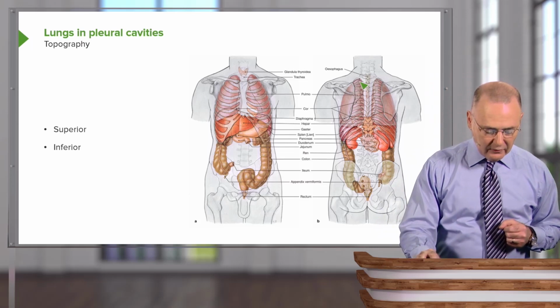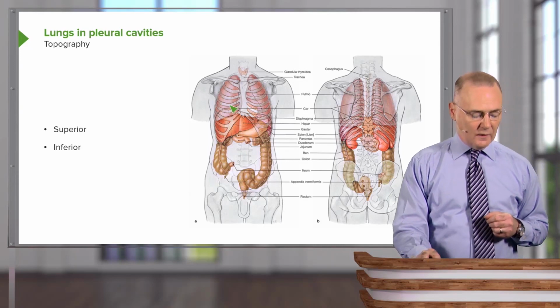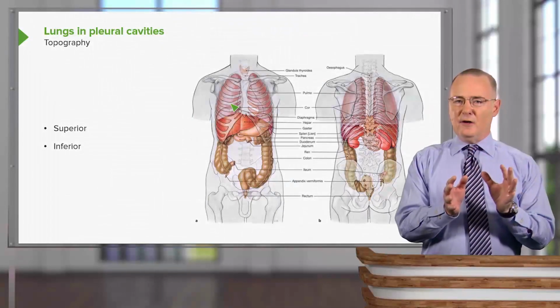And then posteriorly, we'll have one that runs along either side of the vertebral column, and that'll be a paravertebral vertical axis.